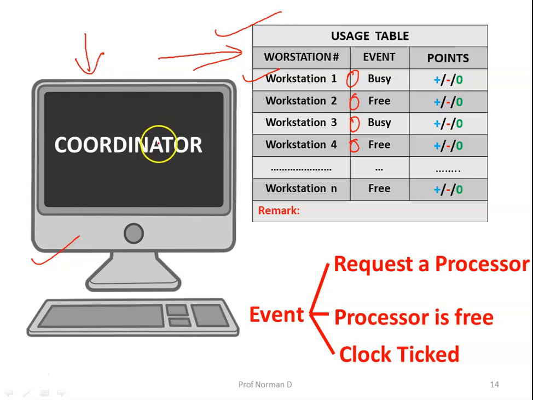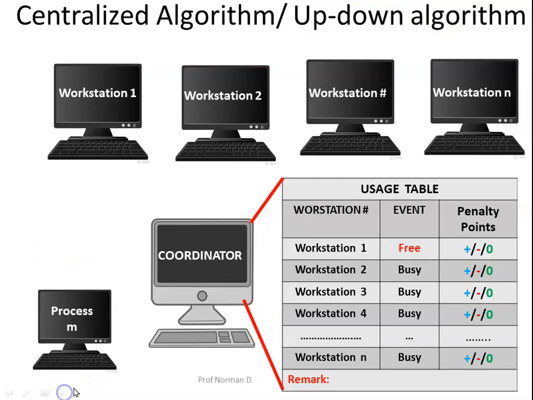And the allocation decisions are based upon this usage table. Now these decisions are made when the scheduling events happen. Now what are those events? The events could be a processor is being requested for, or a processor has become free, or the clock has ticked. We'll try to understand this algorithm much better now.